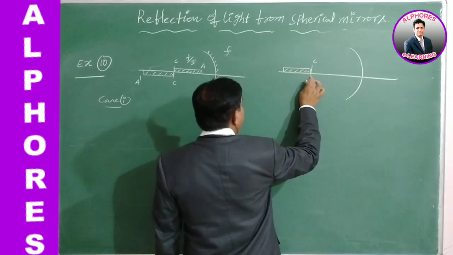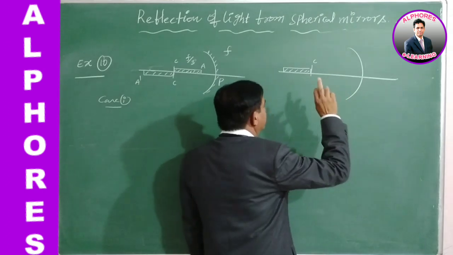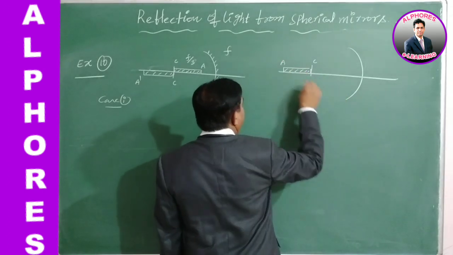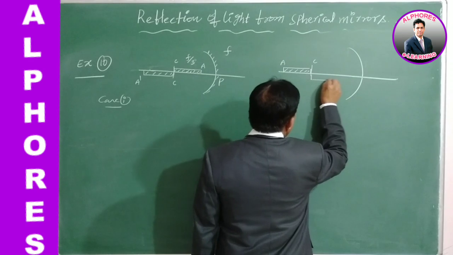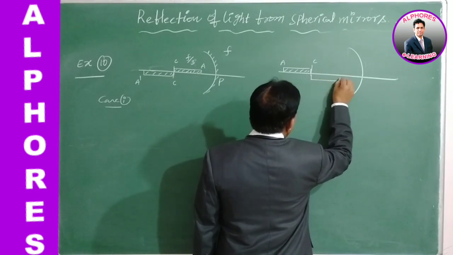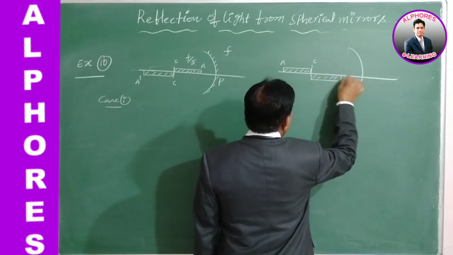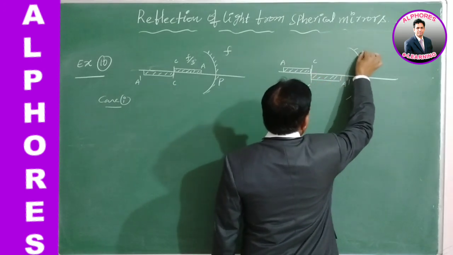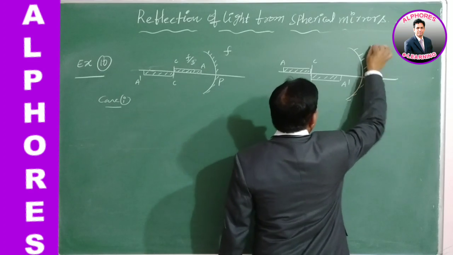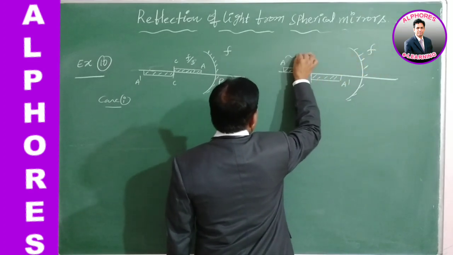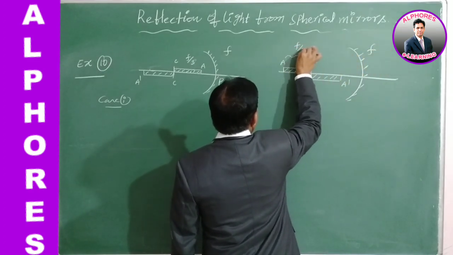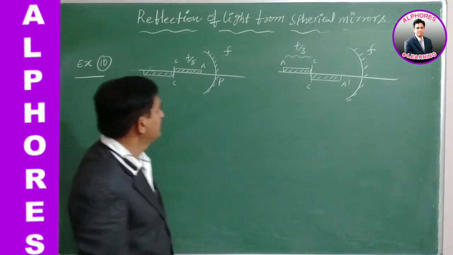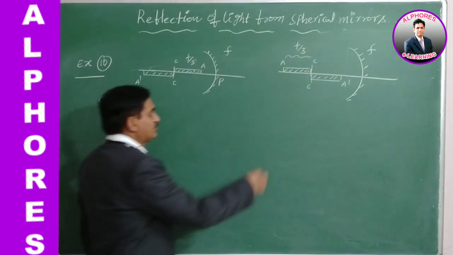This is the center, so one end should coincide with the center of curvature. This is A, and its corresponding image formed will be C. This is the image, this is A dash, this is C again. Its focal length is F, and the length of the object is given as F by 3. So this is case 2.